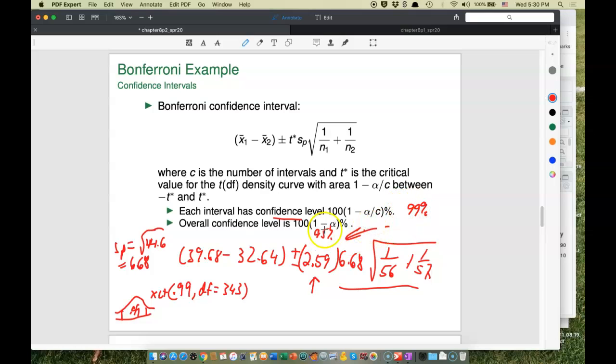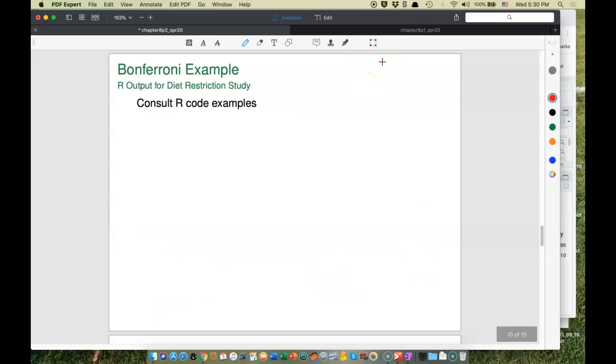So after I get done with all 5, we'd say overall we have confidence that, not that 95% is correct. We have our overall confidence level is 95%. These are 95% simultaneous confidence intervals. So we're 95% confident that they all contain the true parameters.